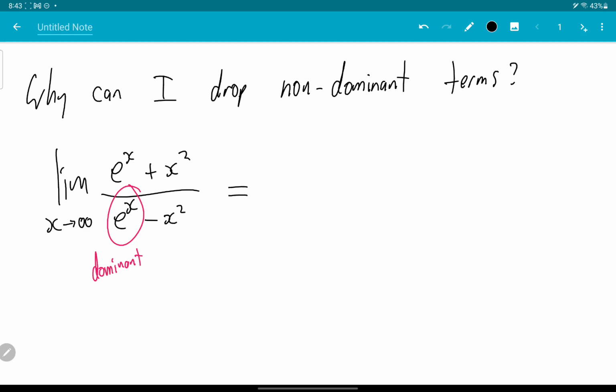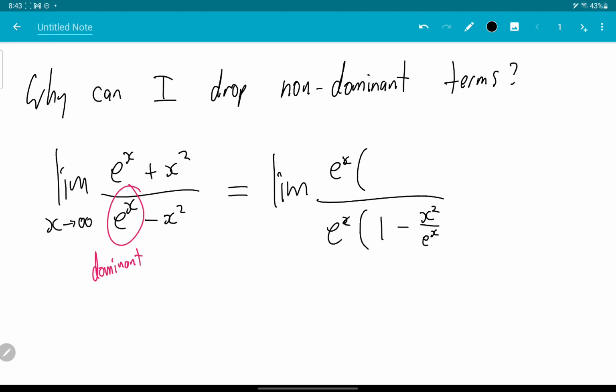So first step is identify the dominant term in the denominator, and then factor it out of the top, and also factor it out of the bottom.